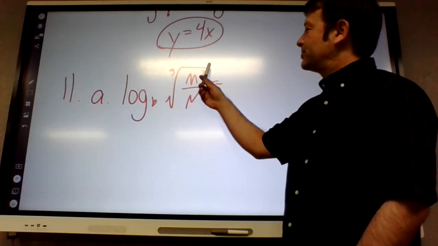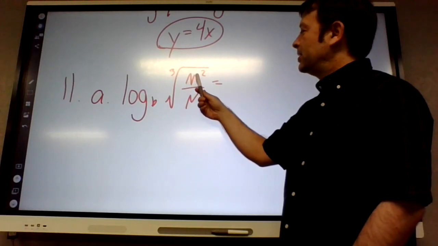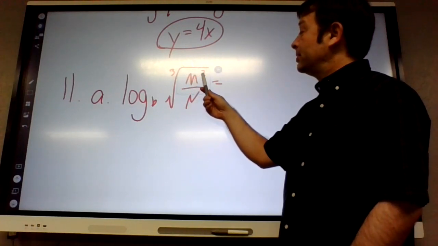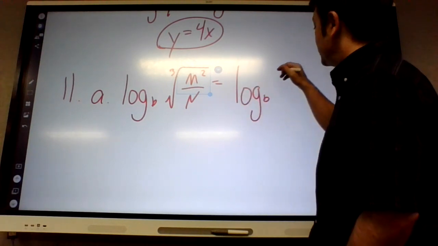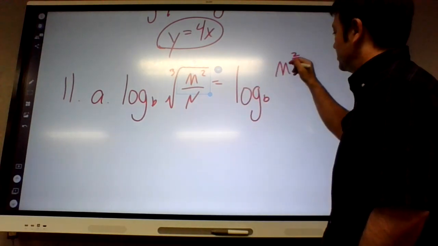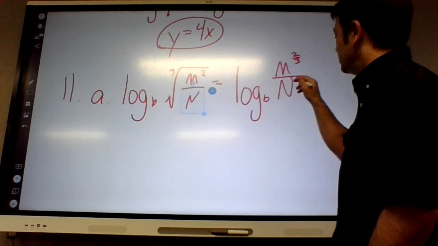What can we do with this root here? This cube root? Then the exponential form. Yeah, this would be m to the what? 2/3. It'll probably clear some stuff up. M to the 2/3 over n to the 1/3.